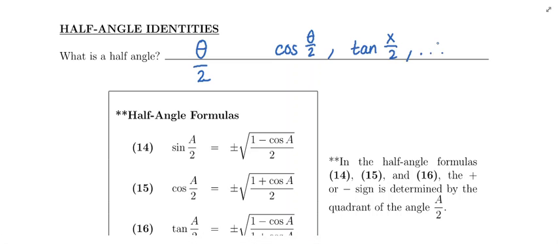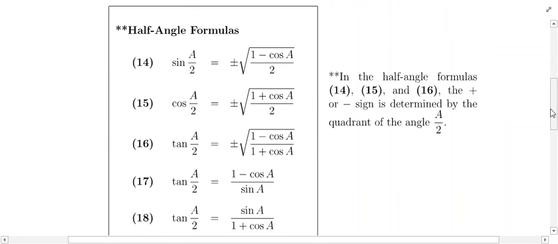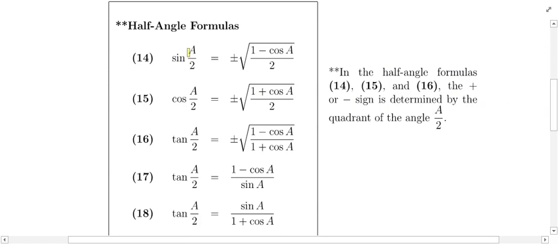Okay, the half angle formulas are in the box. There are 5 of them. They can look a little intimidating. If you look at the expressions on the left hand side, they all involve the angle A over 2. So you're taking the trigonometric function of some angle that's being divided by 2.